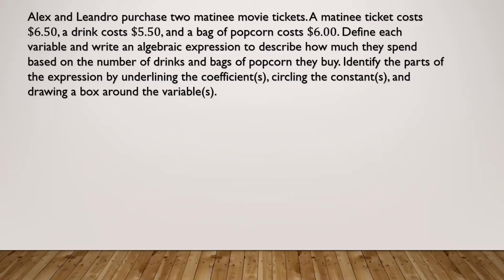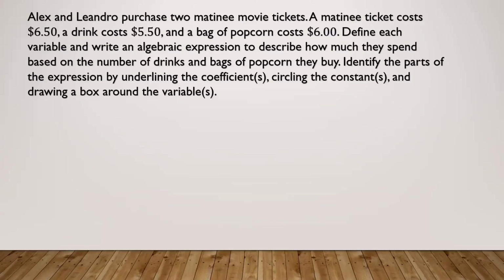Define each variable and write an algebraic expression to describe how much they spend based on the number of drinks and bags of popcorn they buy. Identify the parts of the expression by underlining coefficient, circling constant, and drawing a box around the variables.